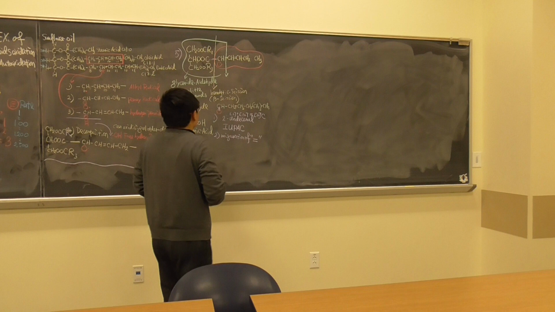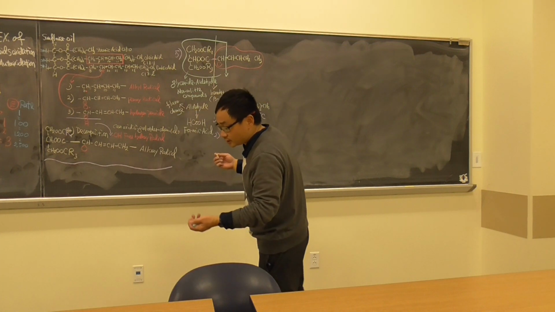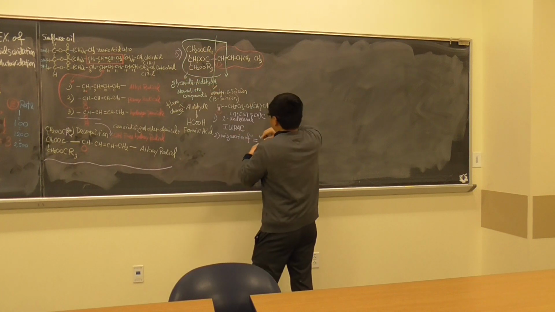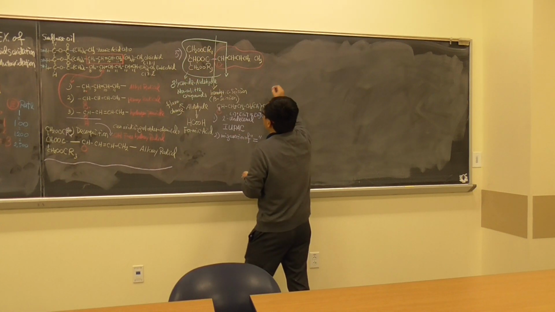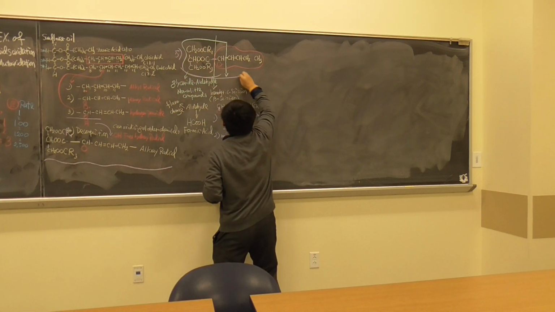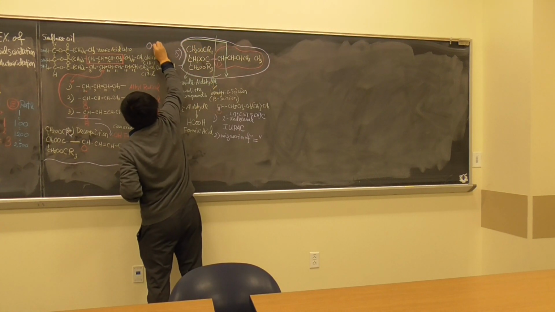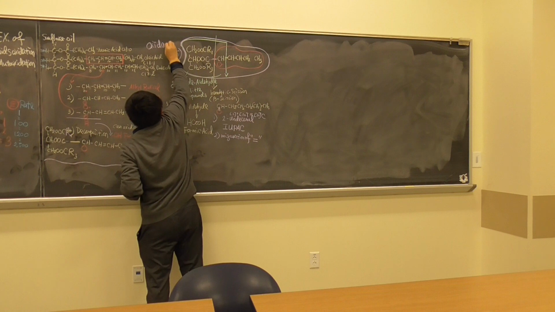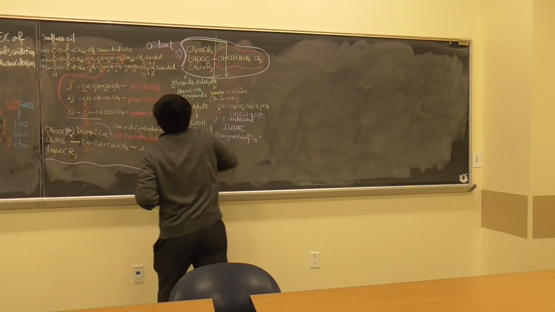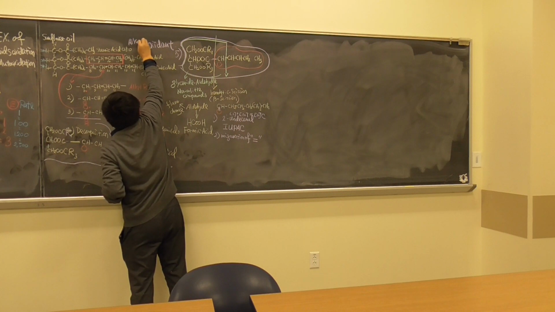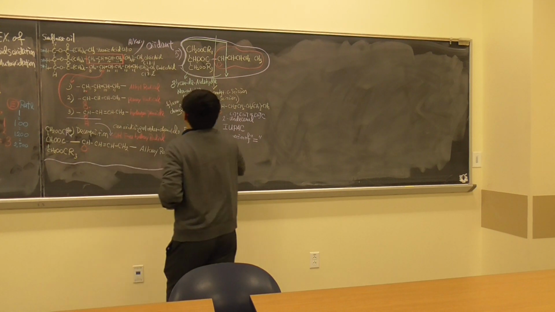Okay? Now, we want to talk about something else. This whole thing, we already talked about these separately. This whole thing is a big oxidant. And we already said, this is an alkoxy oxidant.